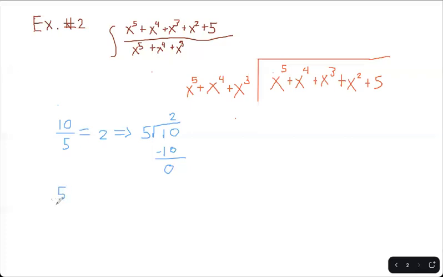But if we were to write 5 over 10, that would not equal 2. If we were to simplify it, it would become 1/2, because we are saying 10 is on the outside and 5 is on the inside.